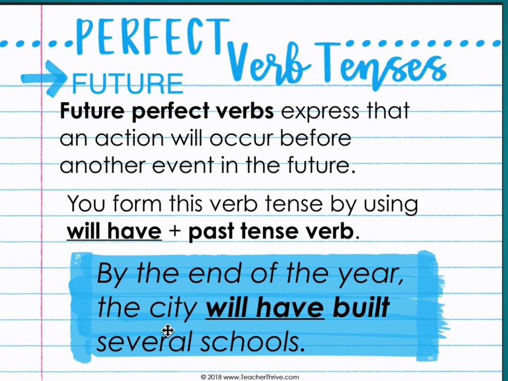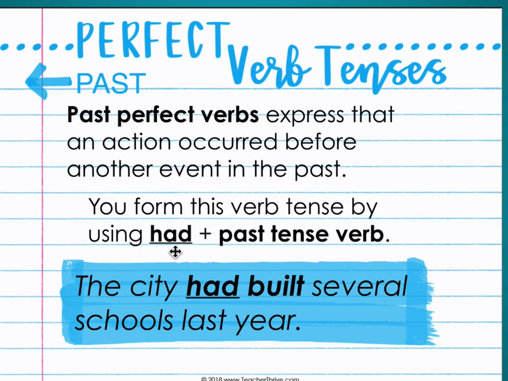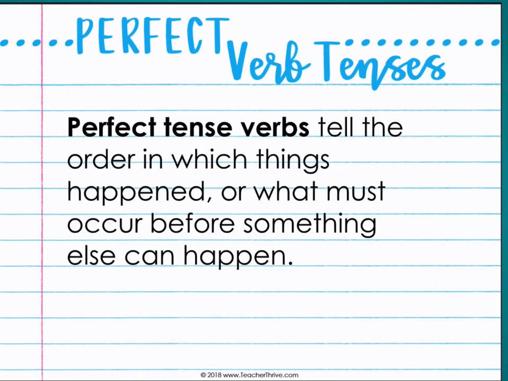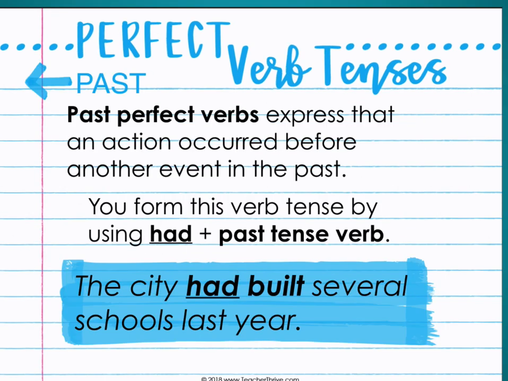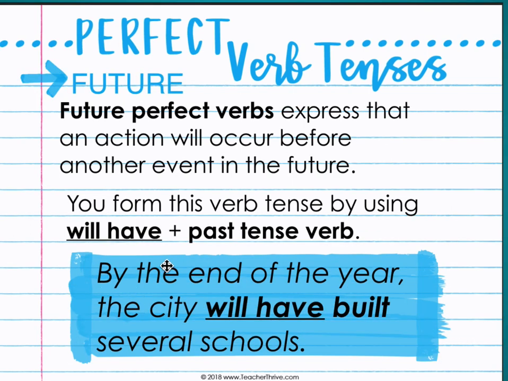By the end of the year, the city will have built several schools. So you'll know it's perfect tense because you'll see had plus the past tense verb, has or have plus the past tense verb, will have plus the past tense verb.